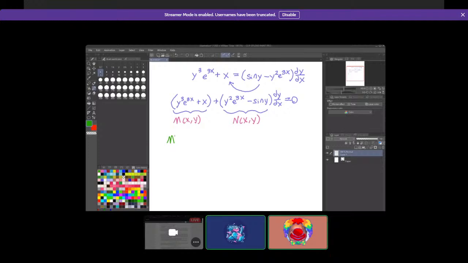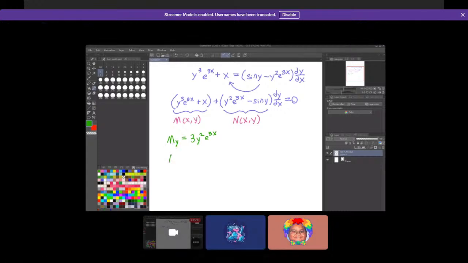So do we consider M or N to be more important? M sub y. They're equal. Okay. So we take the partial derivative with respect to y of M. So I move 3 down and reduce the exponent by 2. That'll be 3y squared e to 3x. And because this doesn't have any y in it, we just leave it.